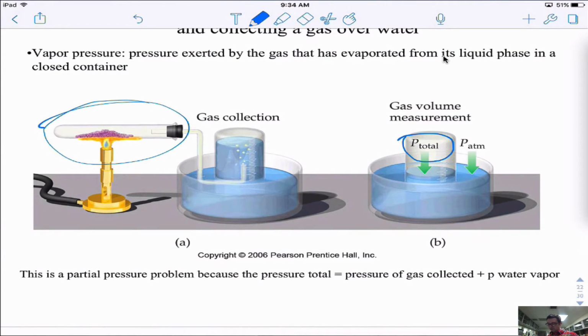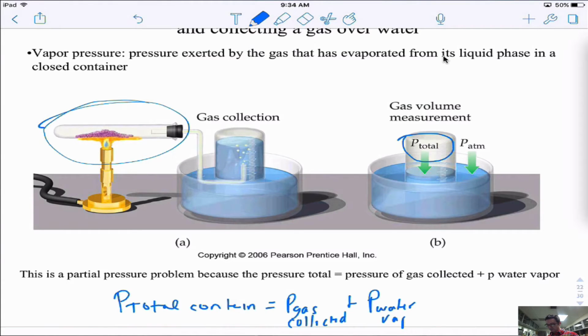Because I know the total pressure in the container. So if I know the pressure total in the container, it'll be equal to the pressure of the gas that I collected, plus whatever pressure of water vapor has evaporated.